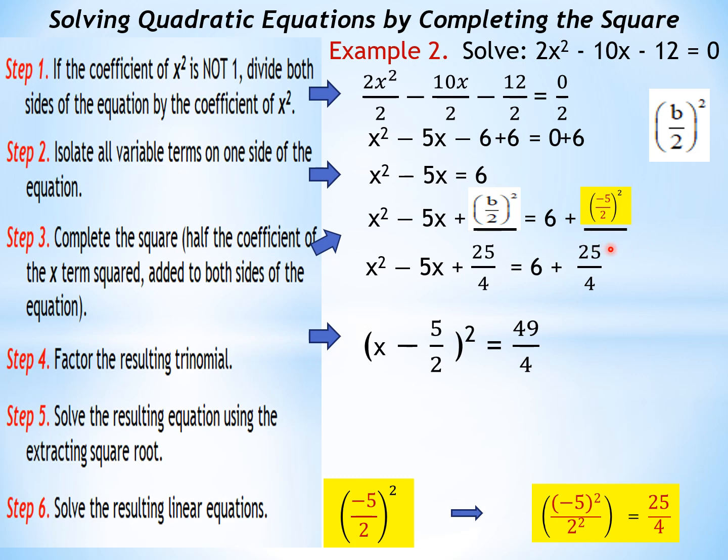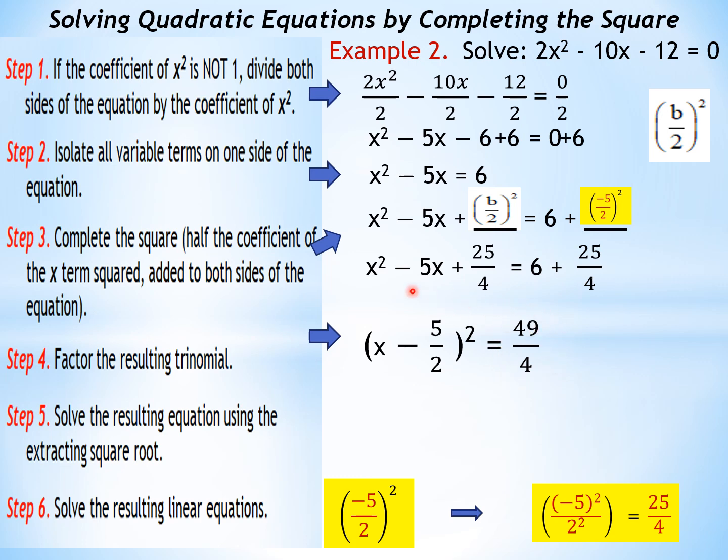So, 25 dito. Then, 4 times 6, that is 24. So, pag-addin natin, 24 dito, then 25 dito, magiging 49. Yung 4 naman, multiply natin yung denominator. 1 times 4 is equal to 4.